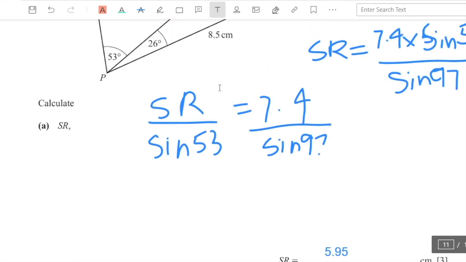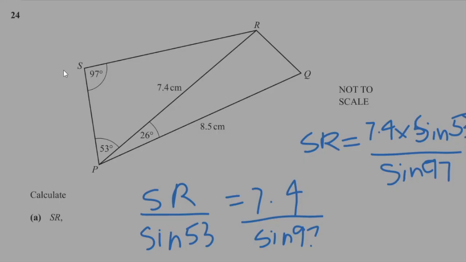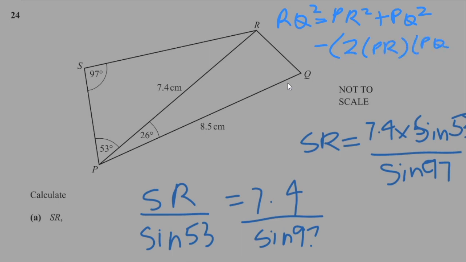B, RQ. Alright, so here I'm going to be using the cosine formula, and that should mean RQ square is equal to the rest of the sides, which are PR and PQ. That is PR square plus PQ square minus 2 into the sides, which are PR into PQ, multiplied by cosine of the included angle, which is 26 over here.